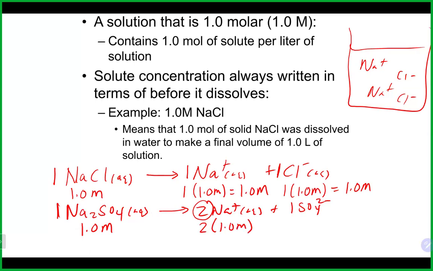We would multiply by 2, and that gives us 2 molar for our sodium ions. It is a 1-to-1 relationship with the sulfate, so we take 1 times our 1 molar, and that gives us 1 molar for our sulfate. So the quick way to do it is based on how it breaks apart.